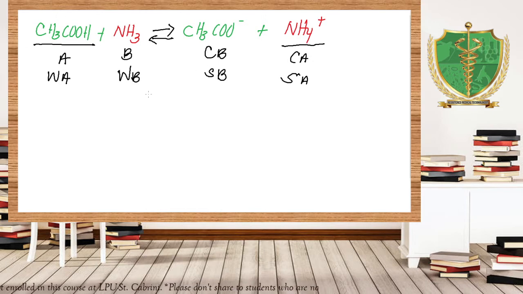Okay? Take note, guys. The stronger acid reacts with the stronger base to give a weaker acid and a weaker base. In that case, the equilibria lies side by side. In other words, walang labang.